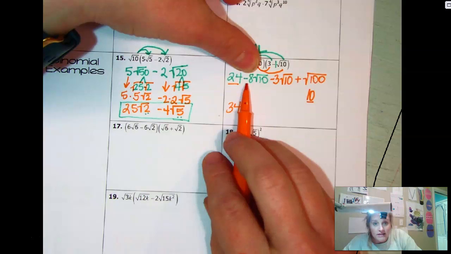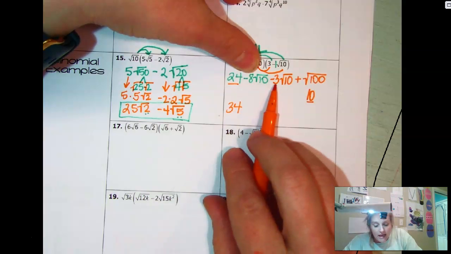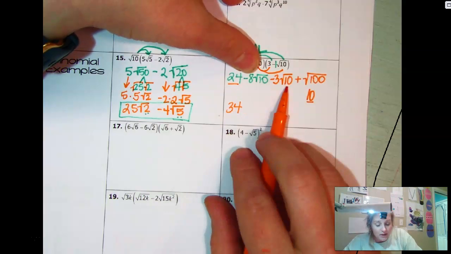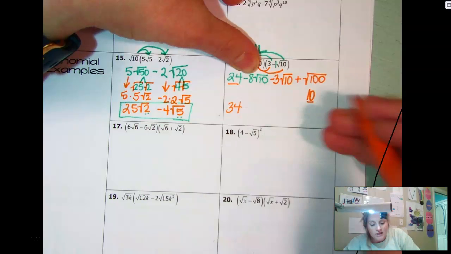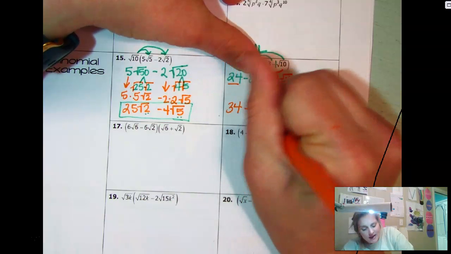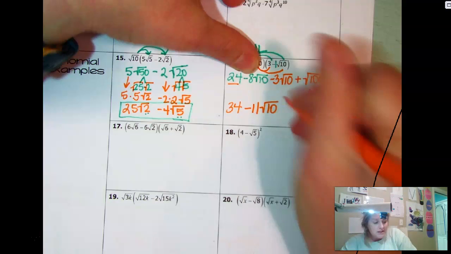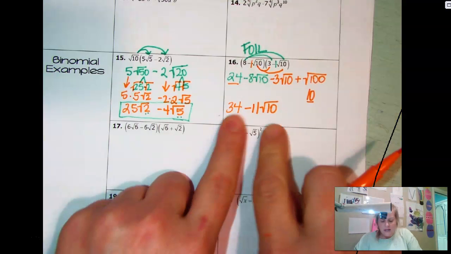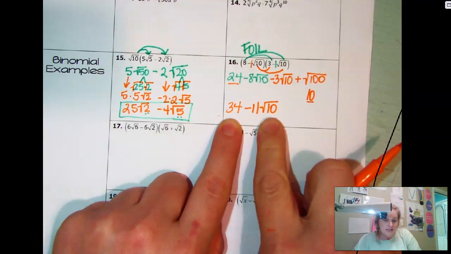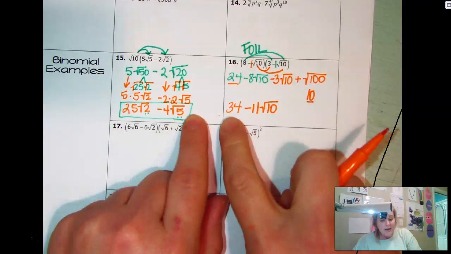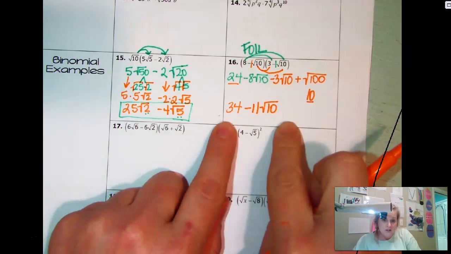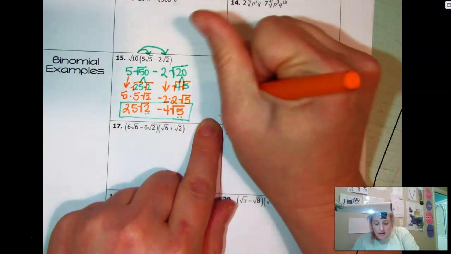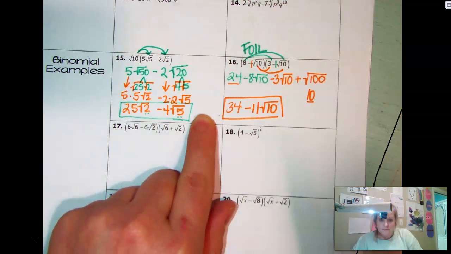Negative 8 plus negative 3 is going to give me negative 11 square roots of 10. Now, if we look at this, we're not able to simplify that anymore because 34 doesn't have the square root of 10, so that means this is my final answer.